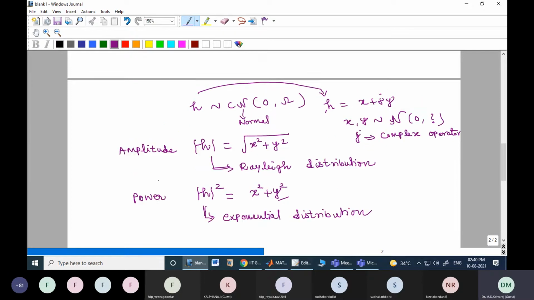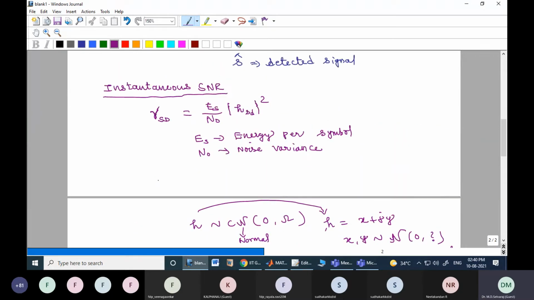So the instantaneous SNR is basically the signal power to the noise power, with the channel gain taken into account. So this mod of h square is an exponentially distributed random variable.